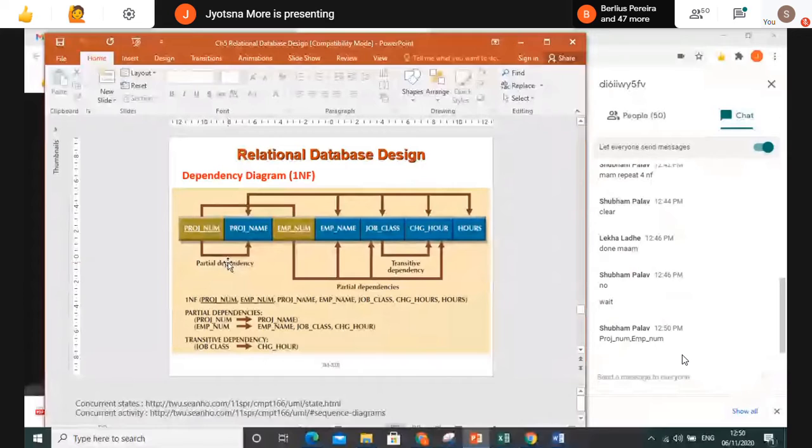After that, write down functional dependencies in the next line. Functional dependencies are as follows.